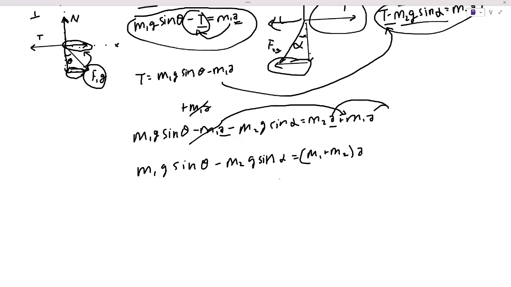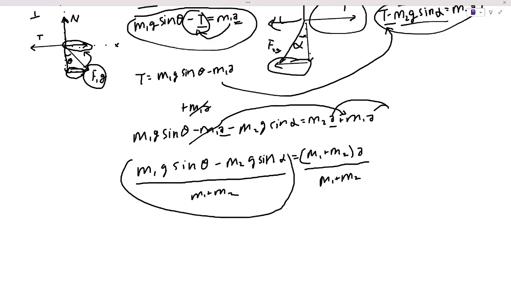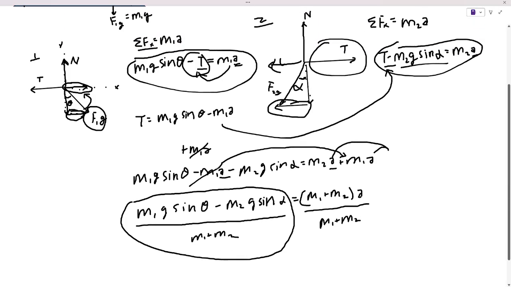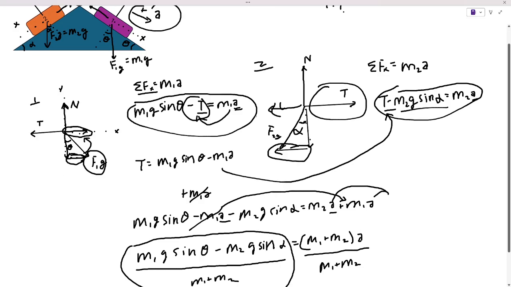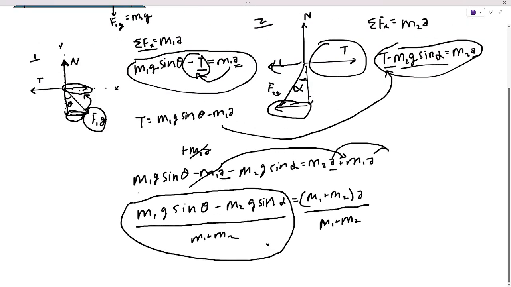And then from here, really simple, divide both sides by m1 plus m2, and this will be our answer for acceleration. And if the question asks for the tension of the string, simply plug this over here and you'll get your tension as well.